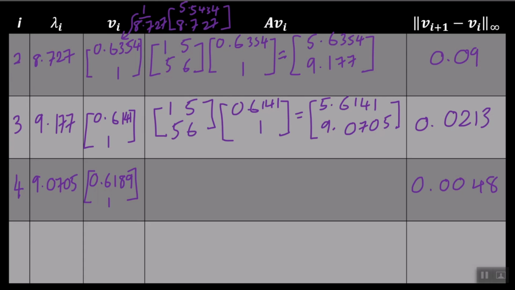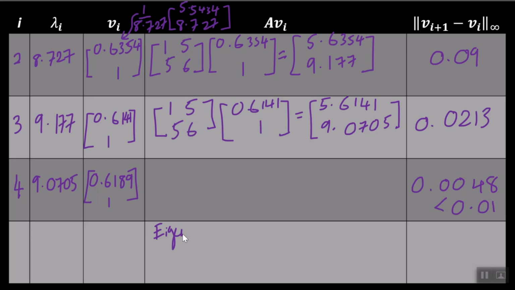And if our infinity norm or our error is less than 0.01, then we are able to stop our iteration. And in this case, 0.0048 is less than 0.01.